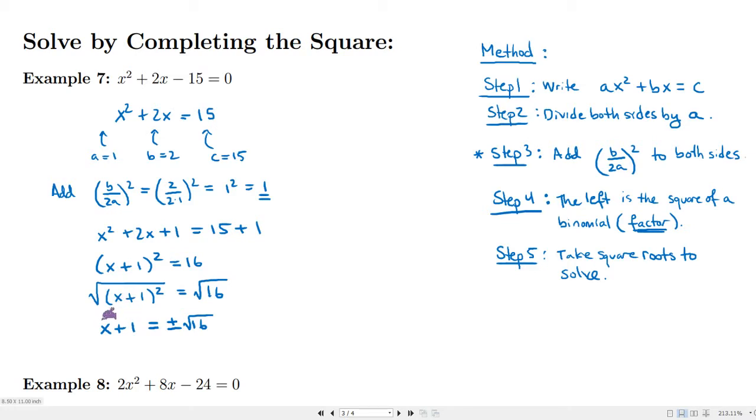If you skip that step, you would write the absolute value of x plus 1, but we know that you can get rid of the absolute value by replacing it with plus and minus. And then subtracting this over, you have minus 1 plus or minus the square root of 16. So that's actually the two solutions right there: negative 1 plus root 16, negative 1 minus root 16.